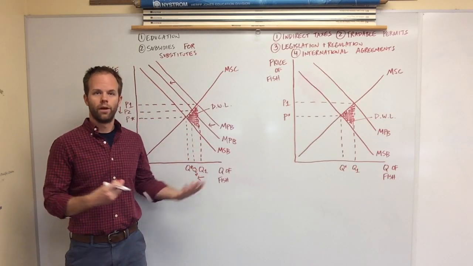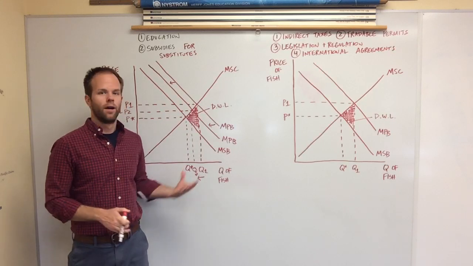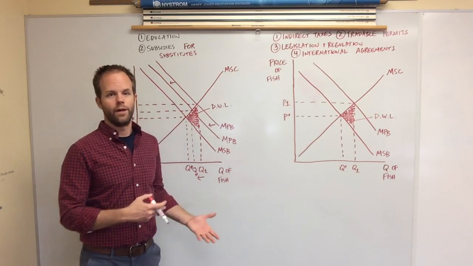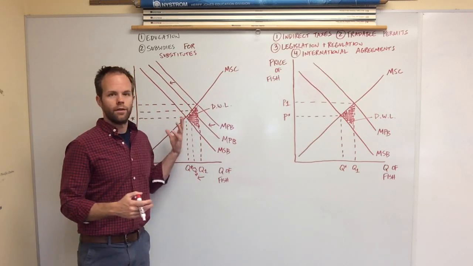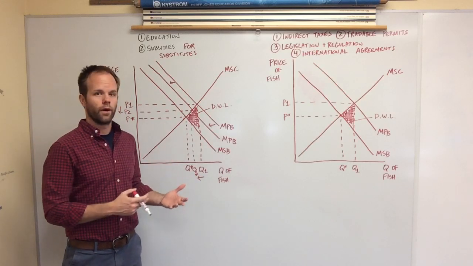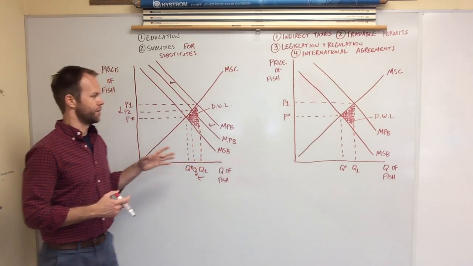We haven't shown that whatever policies the government could come up with that might decrease demand will fix the problem entirely. That's probably really unlikely given the nature of the problem here, but these policies might make some progress here. Okay? So that's how to show a decrease of demand on a negative consumption externality.